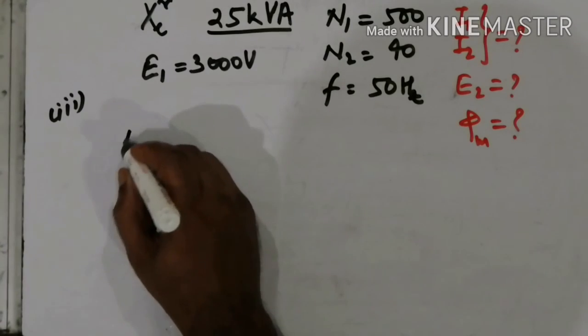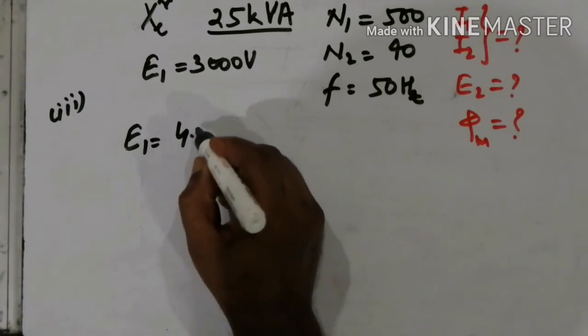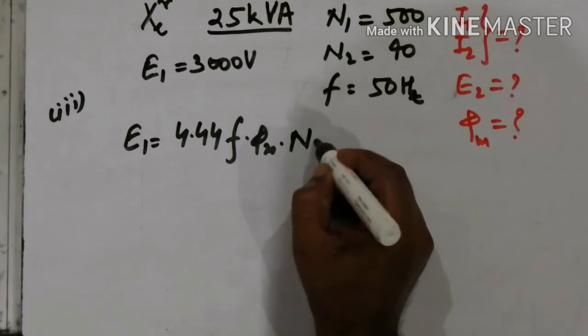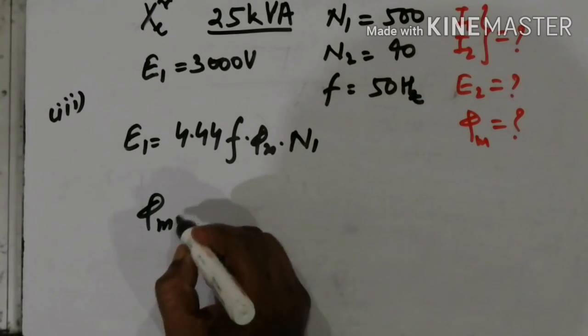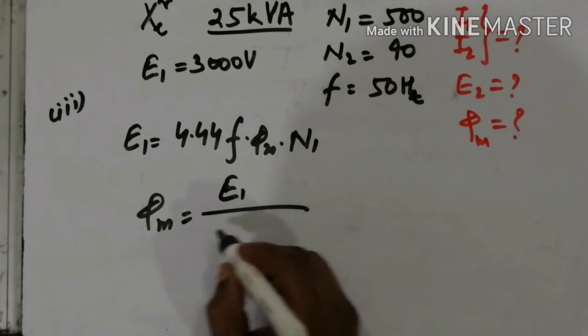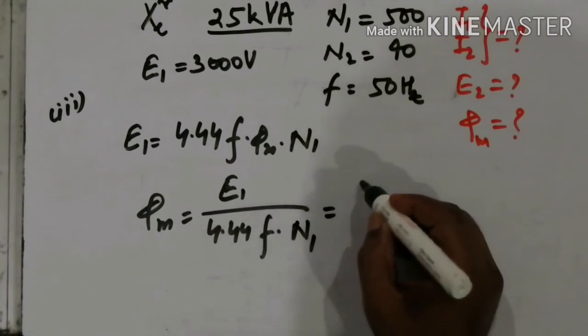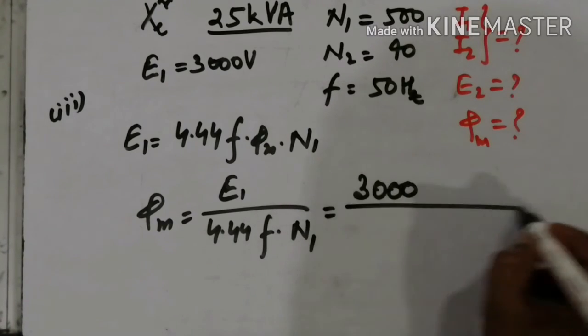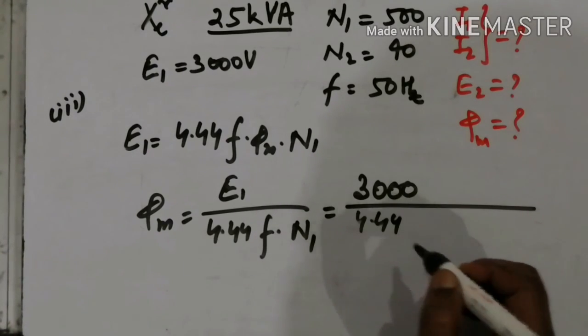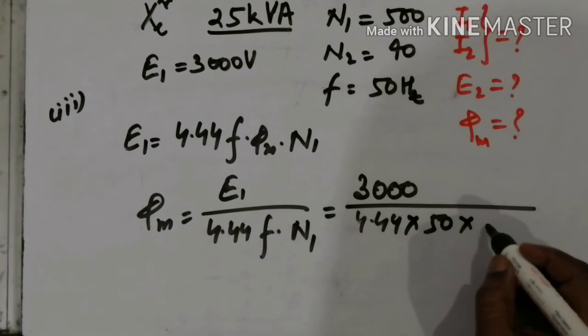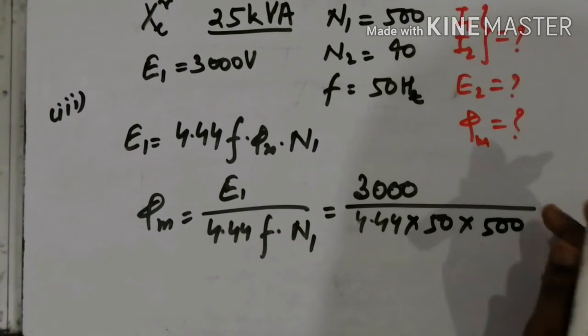According to the EMF equation, E1 is equal to 4.44 F into phi maximum into N1. Phi maximum is equal to E1 upon 4.44 frequency into N1. It is 3000 upon 4.44 into frequency, that is 50 Hertz, into the number of turns in the primary, which is 500.